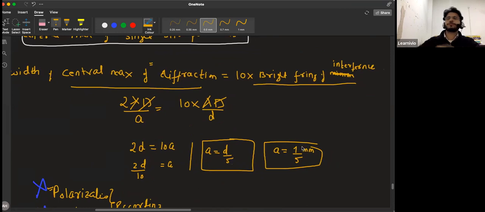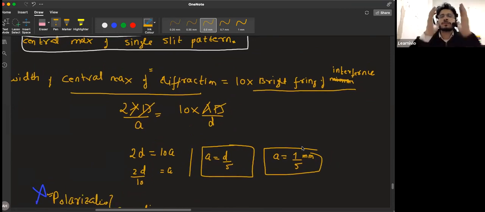So it's simply saying in the central maximum of diffraction, you have 10 maxima of interference. So the width of the central maximum of diffraction is 10 times the width of the central maximum of interference.